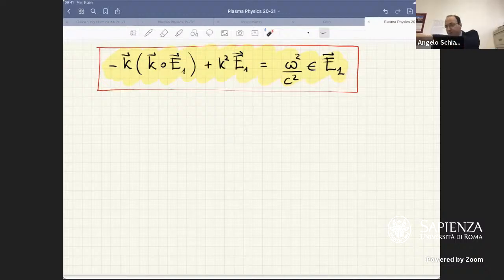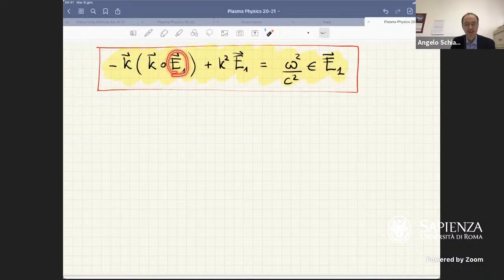So what do we want to do? This equation itself can describe many different waves and different propagation modes. So it's very rich. We want to decompose it and see how to describe different waves in the plasma. What is natural to see is that there's a relation between the k vector and the electric field direction.